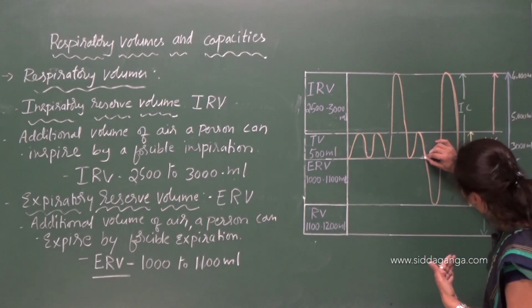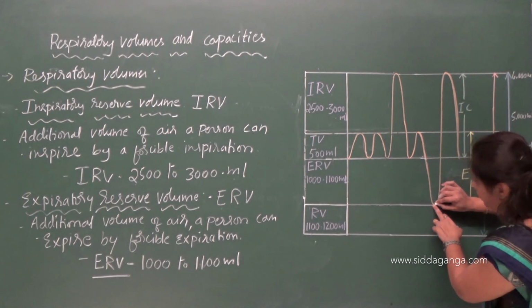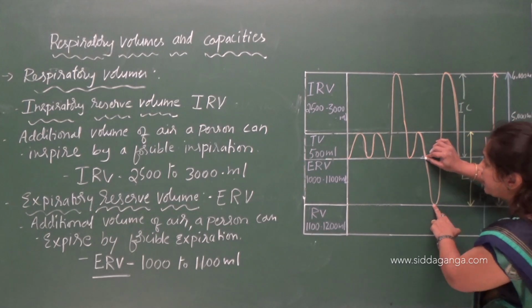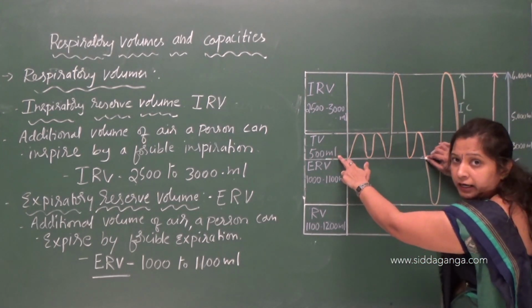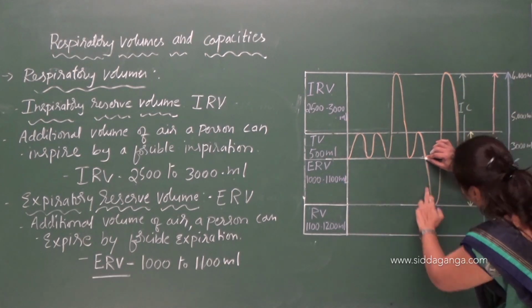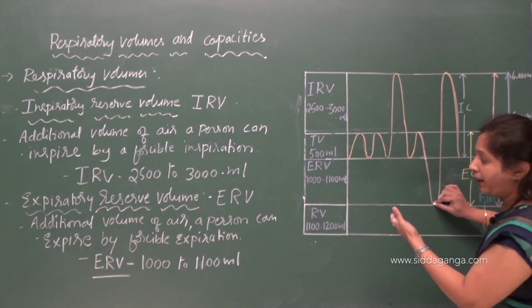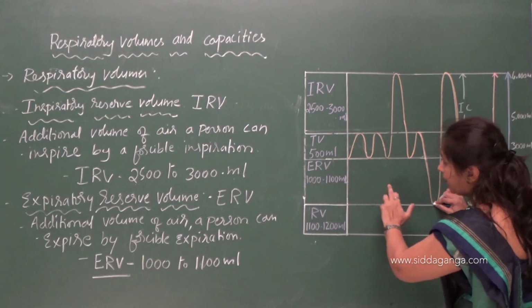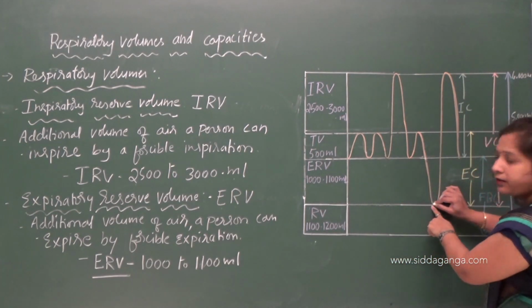Suppose we expire forcefully, so this is the forcible expiration. Up to this is normal expiration. During normal expiration we expel 500 ml of air, and if we expire forcefully, we are able to expel some extra volume of air, that is 1000 to 1100 ml by forcible expiration.